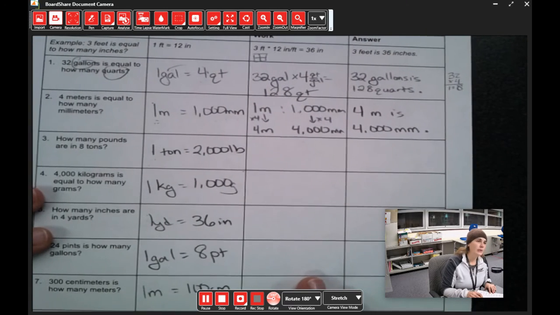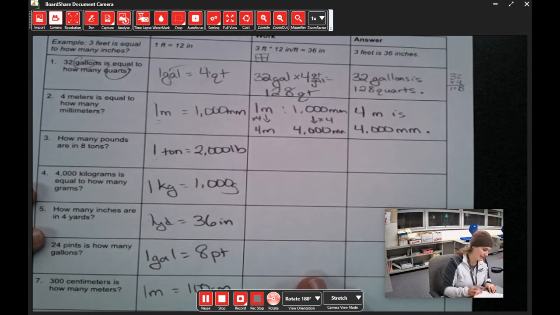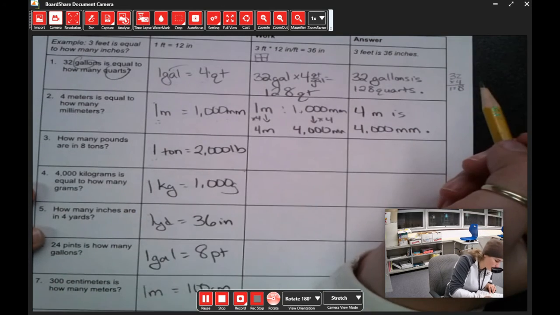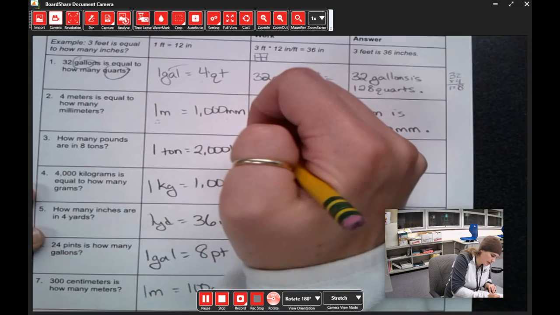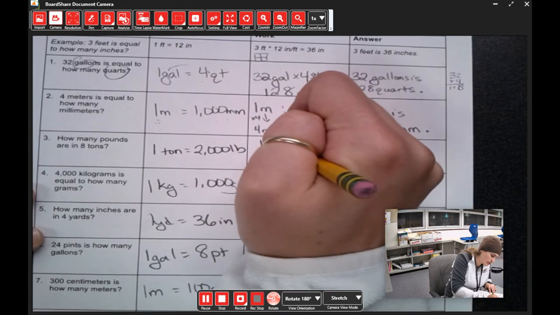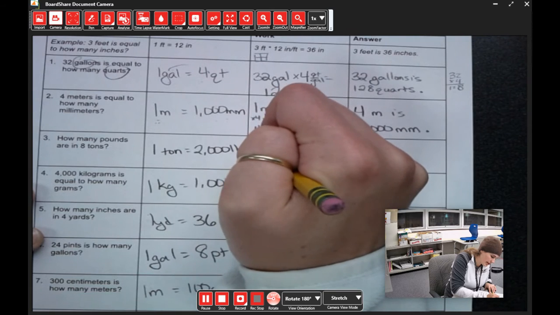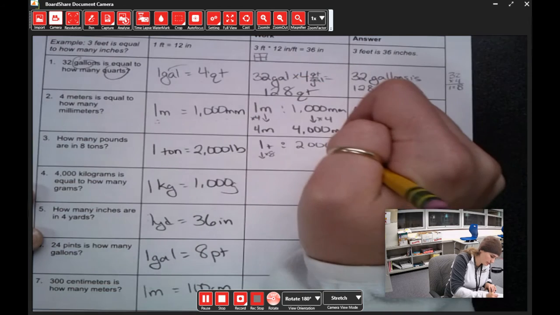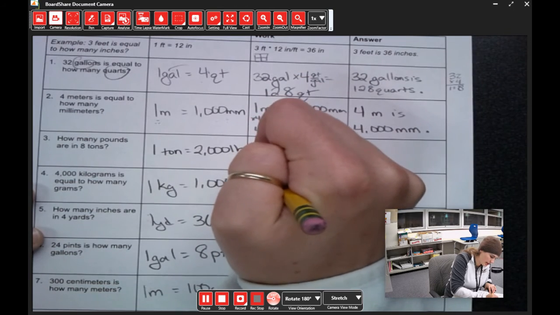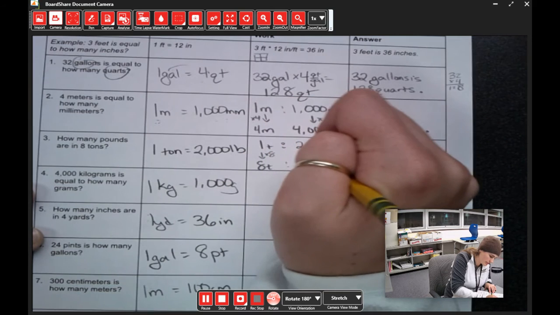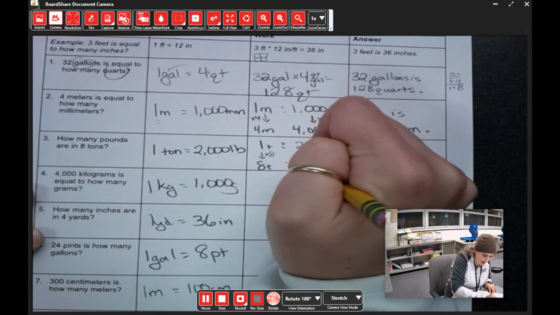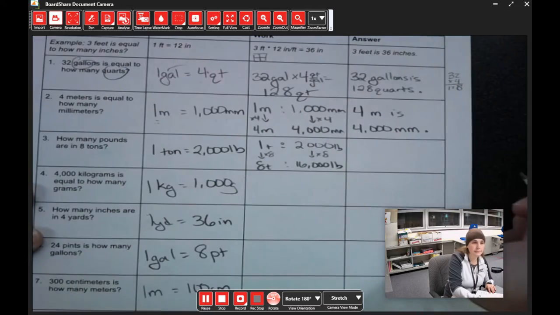How many pounds are in 8 tons? Again, I'm going to use a ratio for this one. 1 ton is 2,000 pounds times 8. 8 tons is 16,000 pounds.